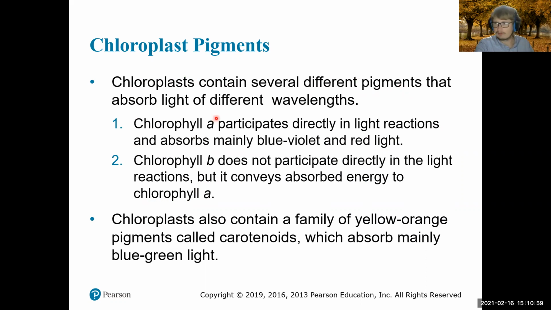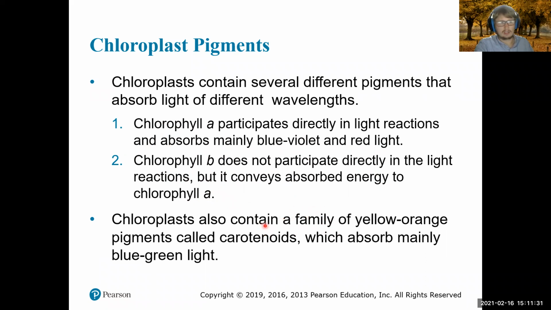So we mentioned chlorophyll already, but there are chlorophyll A and chlorophyll B pigments. So chlorophyll A mainly absorbs the blue, violet, and the red light. Chlorophyll B is not really in the light reactions, but it conveys absorbed energy to chlorophyll A. And then the light reactions will continue from the energy in the chlorophyll A molecule. Chloroplasts also have this family of pigments called carotenoids.